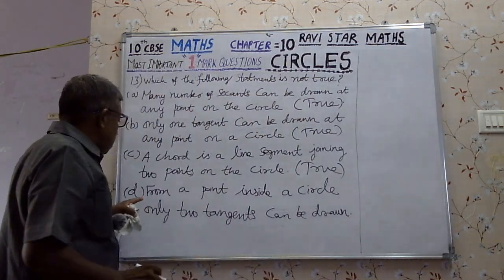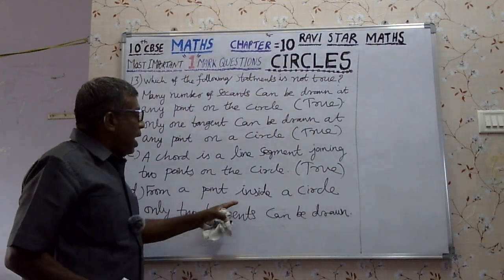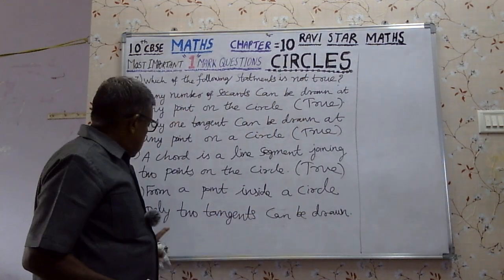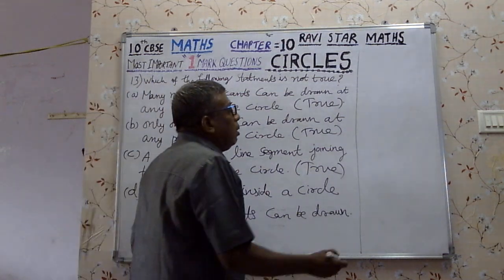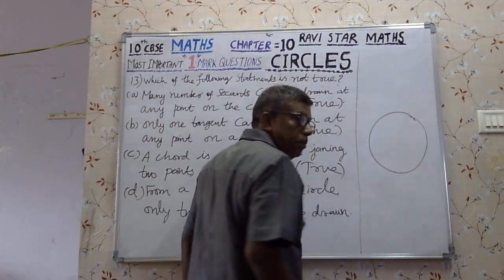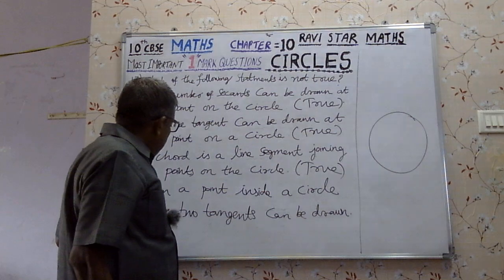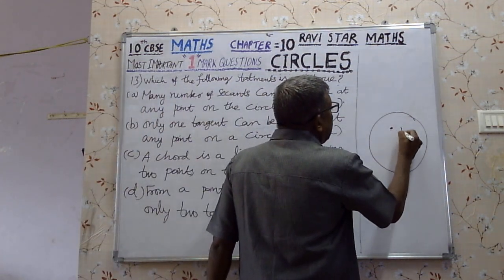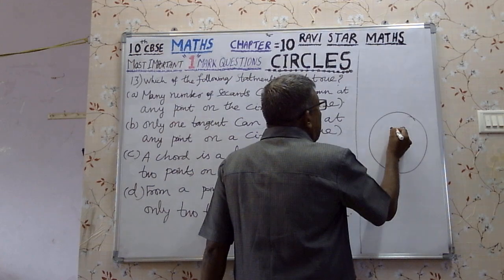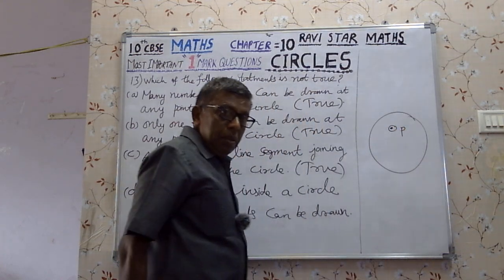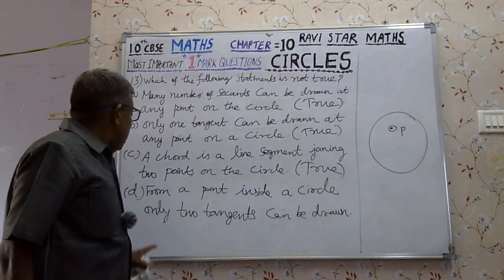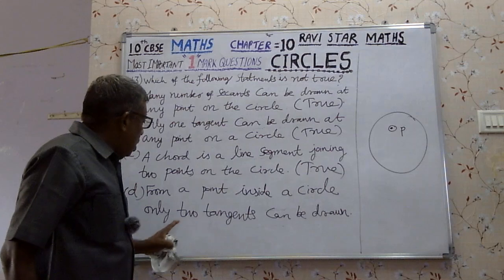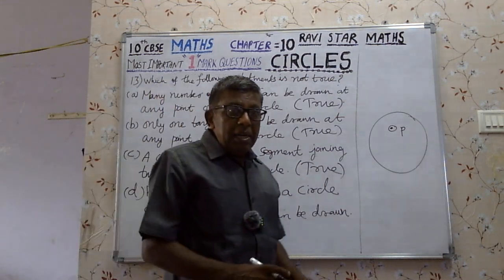Come to the question, option D. From a point inside a circle, only 2 tangents can be drawn. I am drawing one circle and taking one point P inside the circle.